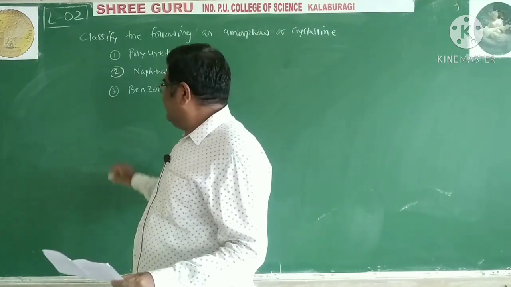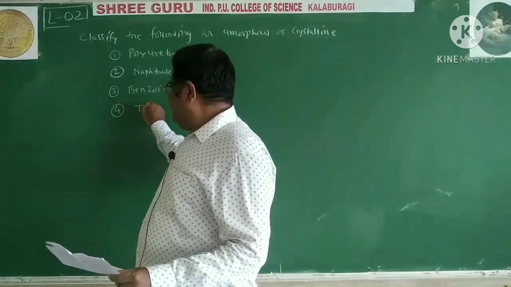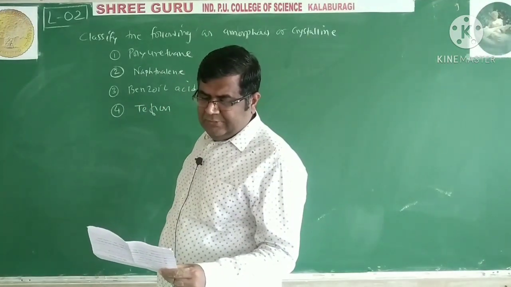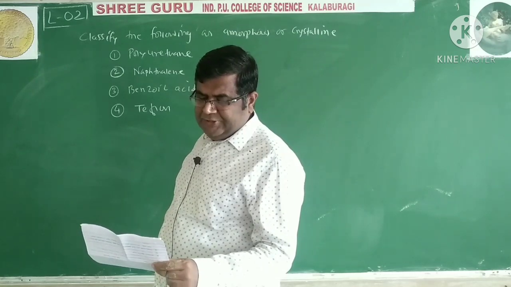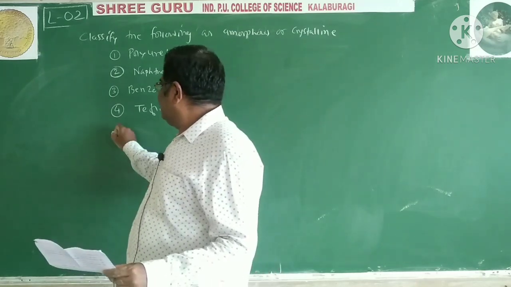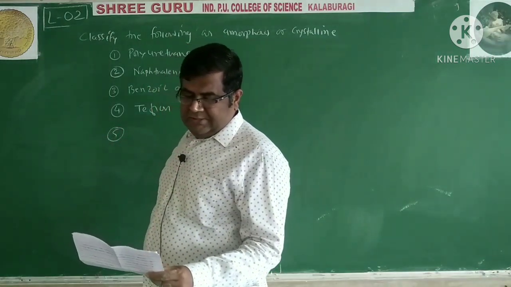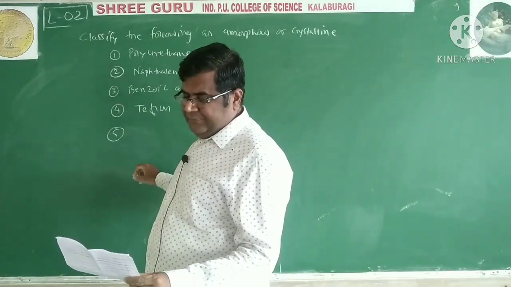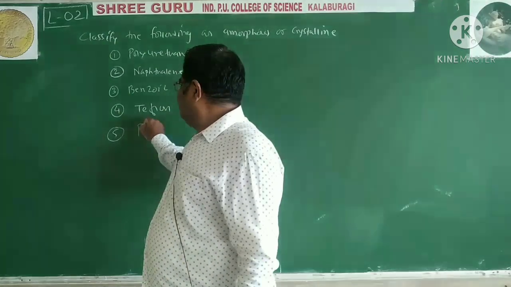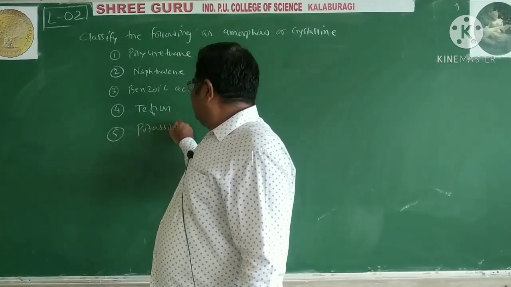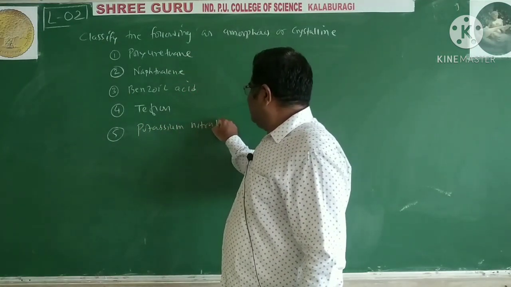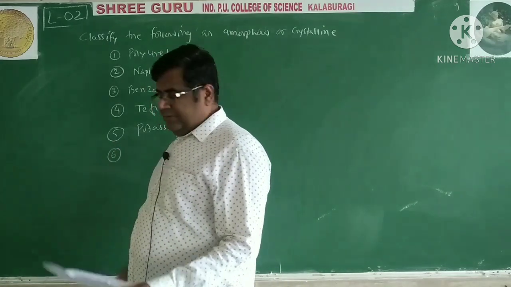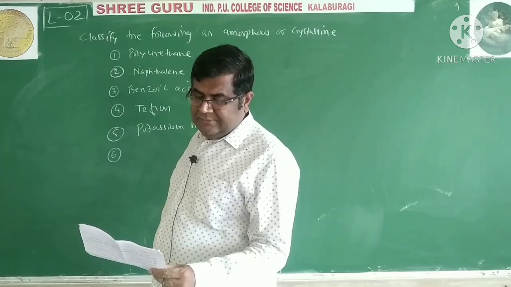Next is Teflon, a kind of polymer, no sharp melting point, amorphous. Next is potassium nitrate. We know that this is an ionic type of crystalline solid, so it is crystalline.